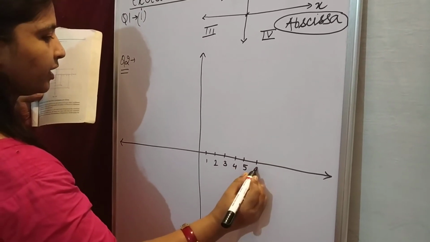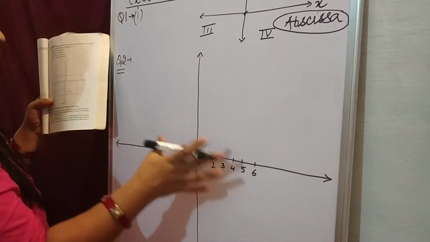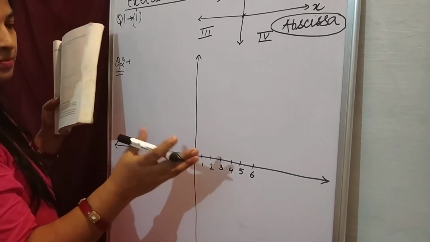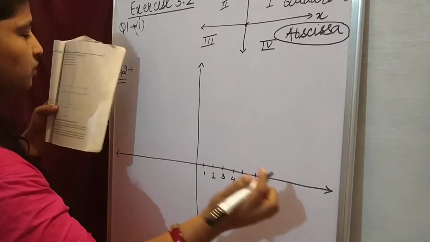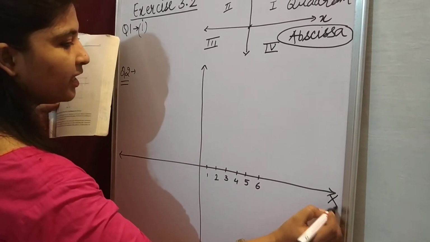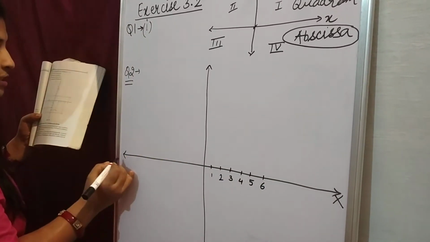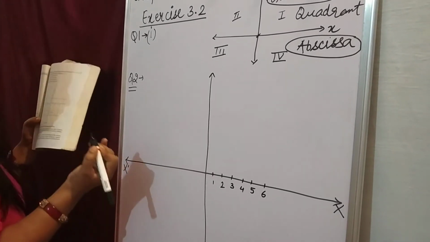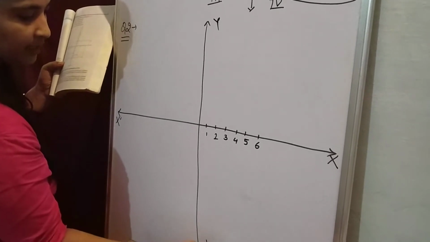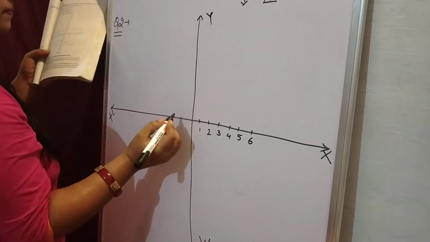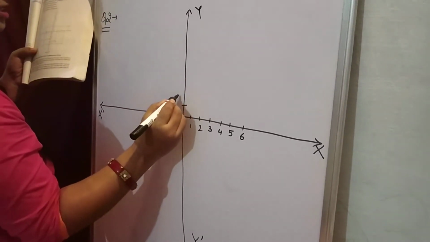Whenever you are drawing any line and plotting points on it, you always have to make equal gaps. Always name the axes. This is your x-axis, so the other side will be x dash. Upside is y and downward will be y dash. Now on the upper side you can see how many numbers there are.